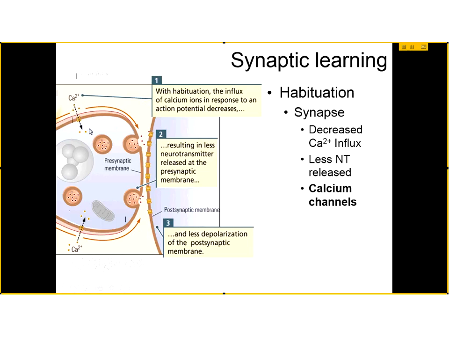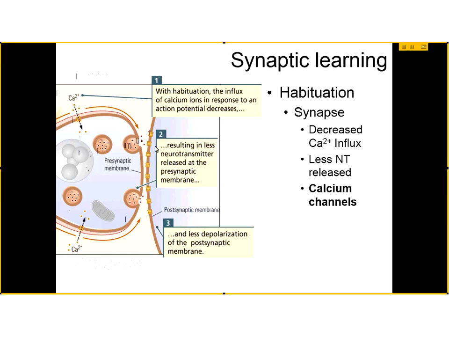So if there's less calcium coming in, that means less of it's binding with the calmodulin. That means fewer of these vesicles are being released. That means less neurotransmitter is being released. That means there's less neurotransmitter binding postsynaptically. There's less channel activation.